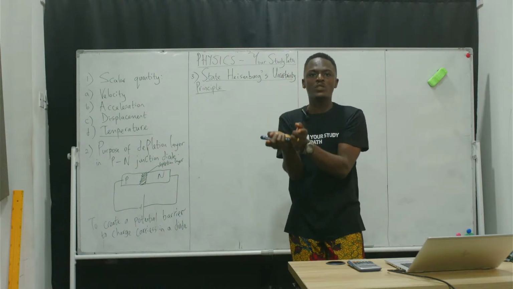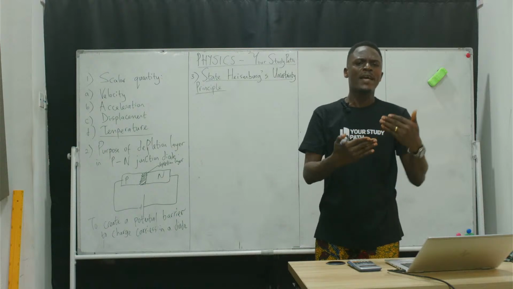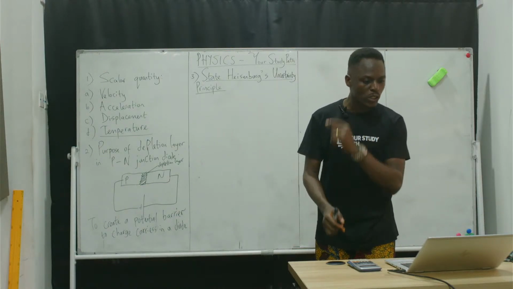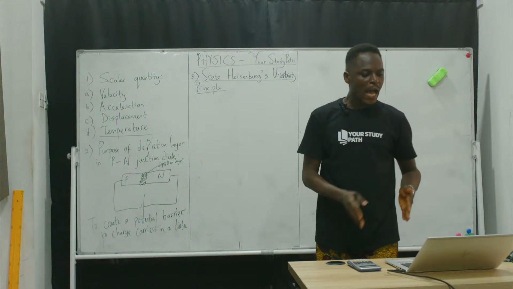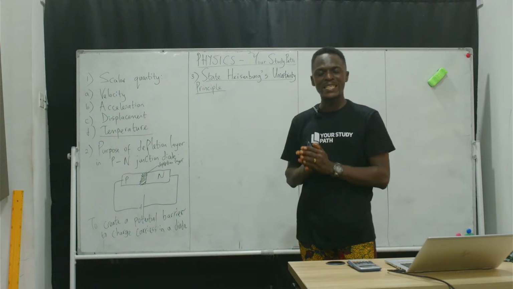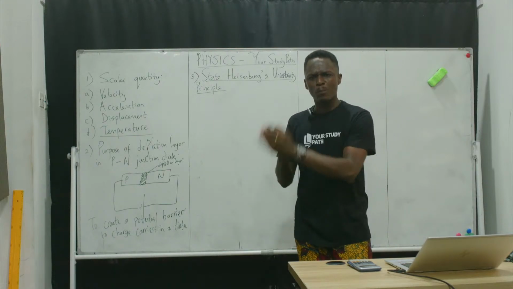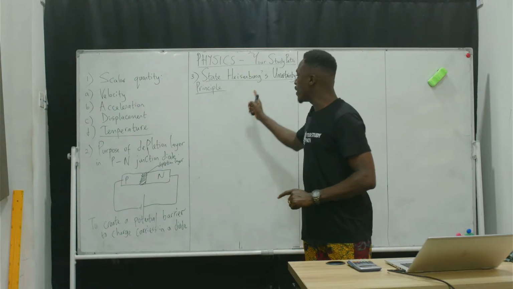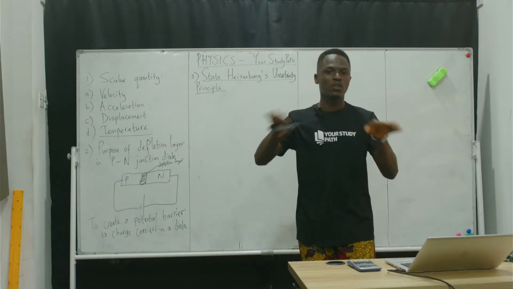Then a question can be drawn around it, saying that the implication of Heisenberg's uncertainty principle on the position and the momentum, could it be that both position and momentum can be precisely known? Can you know the exact position and momentum of a body at the same time? No, because Heisenberg's uncertainty principle says you cannot do that.